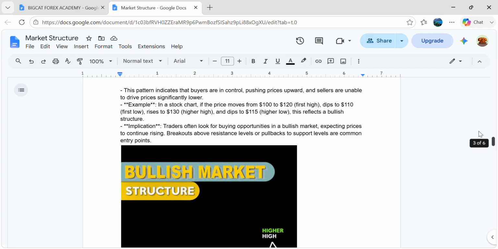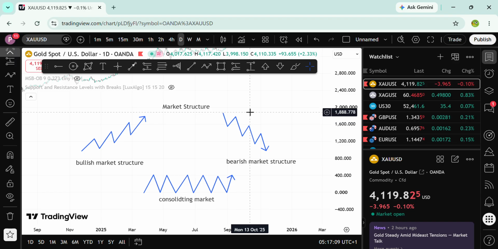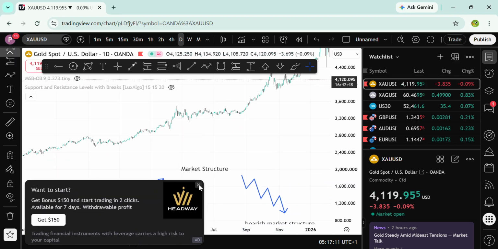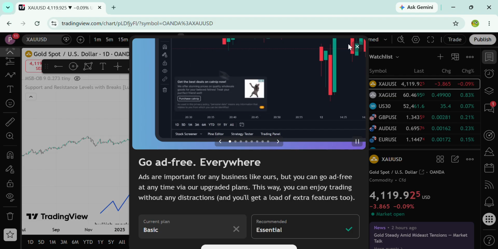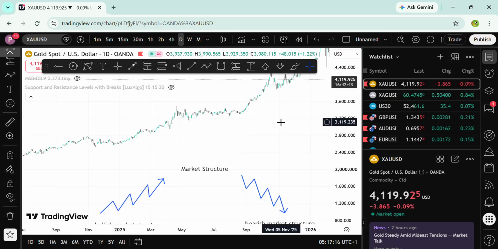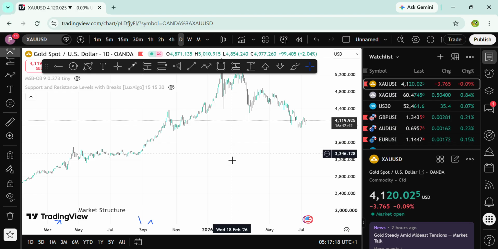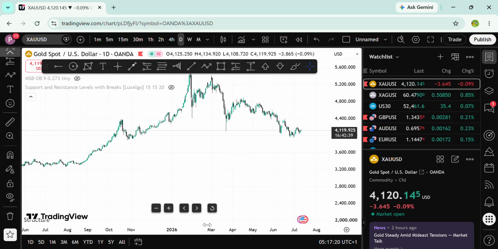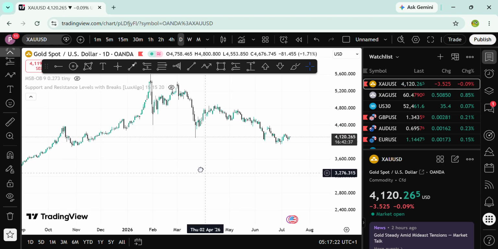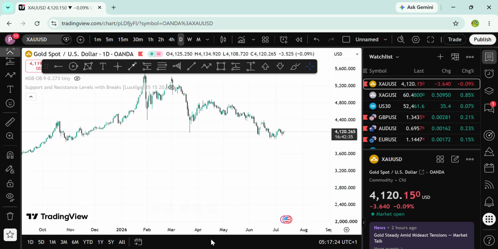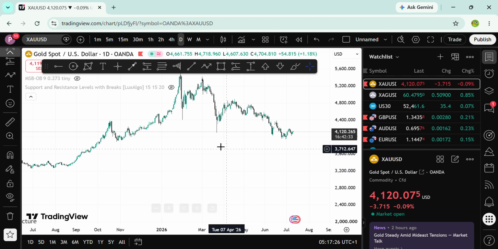Do not forget, this diagram is showcasing every price movement of a commodity. This is for gold.